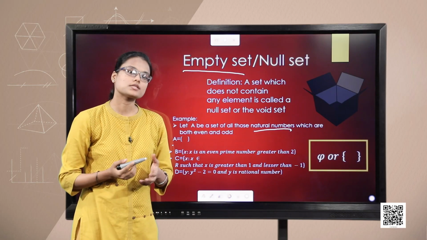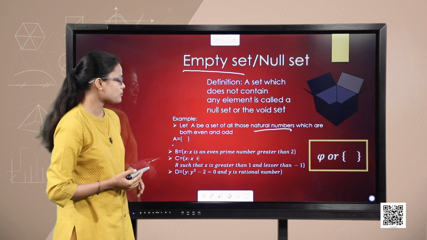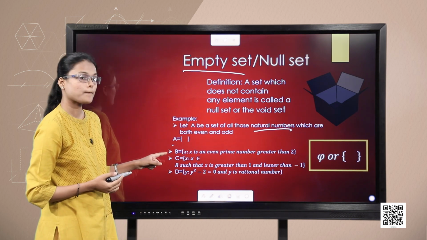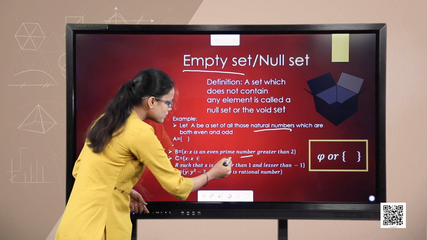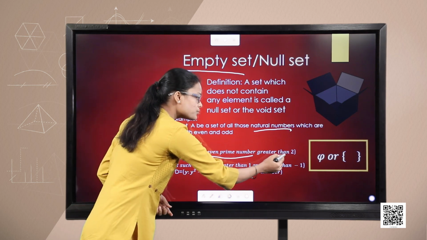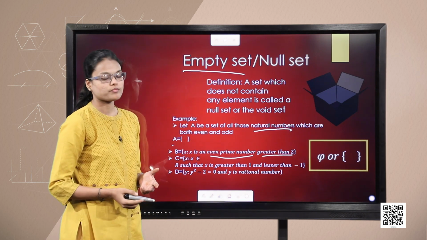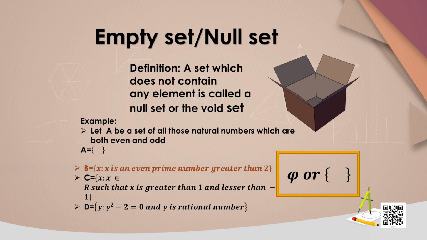Let us take more examples on it. B is a set consisting of all those numbers which are even prime numbers but greater than 2. We know that there is no even prime number which is greater than 2. They are all odd. Hence, the set B is an empty set.